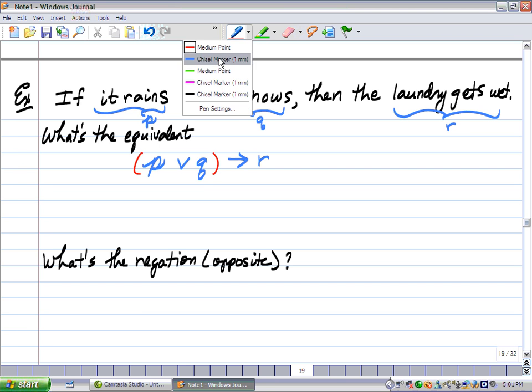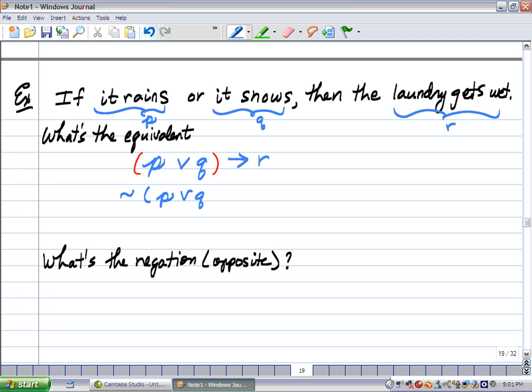So how can we rewrite this? Remember, the first thing turns to its opposite, the arrow turns to an or, and the second thing stays the same.